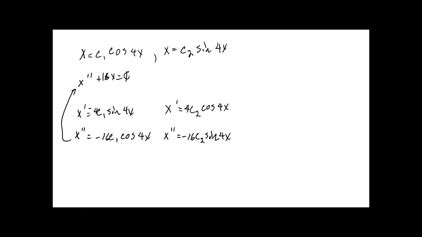Sure enough, when you plug that in, x double prime is minus 16 c2 sine 4x plus 16 times your x, which is c2 sine 4x. Those, of course, add to 0. So both of those are solutions.